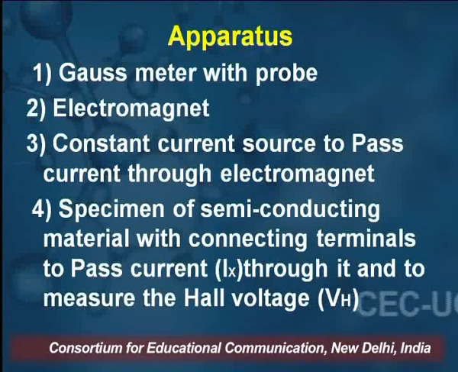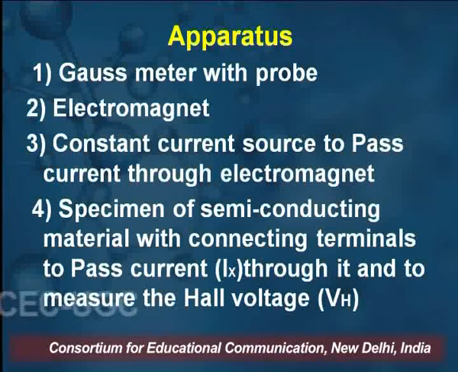Third is the constant current source to pass the current through the electromagnet. As we require the magnetic field, we use the constant current source to pass the current to the electromagnet to charge it, so that the magnetic field can be produced.